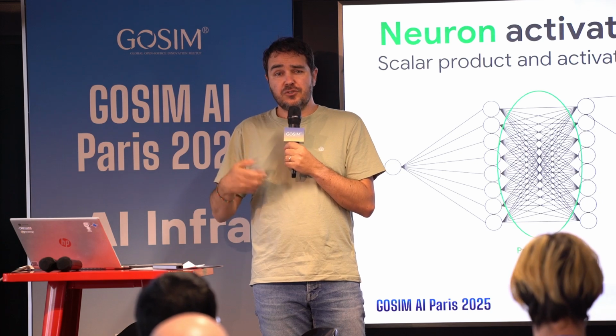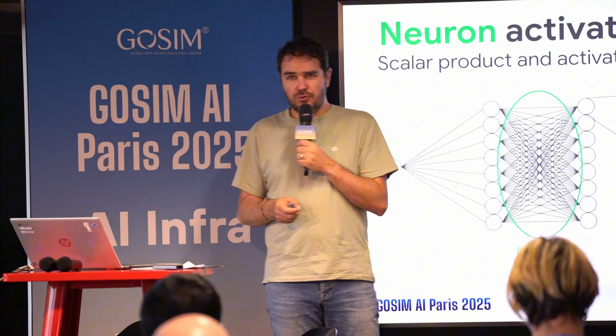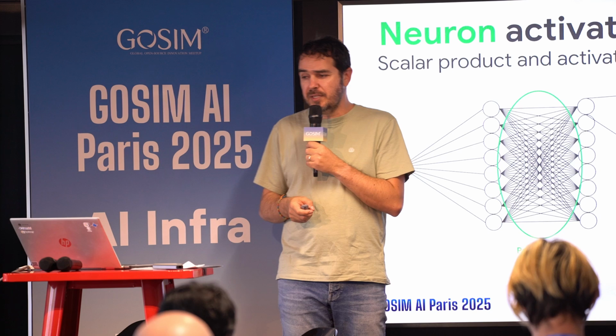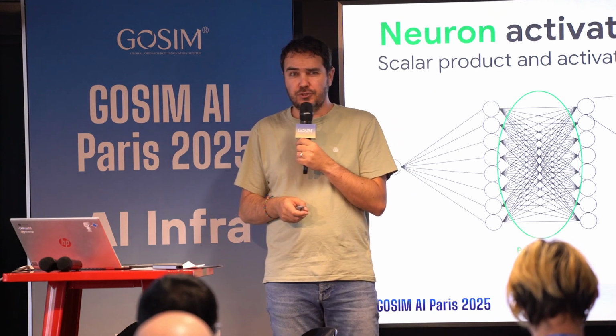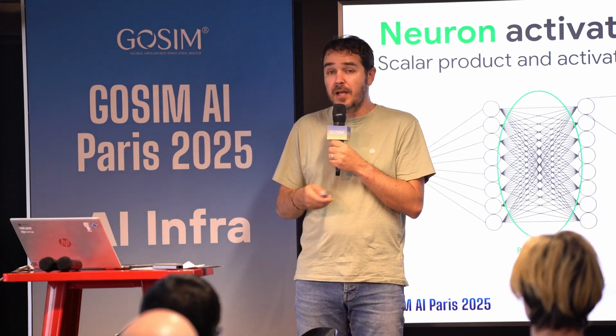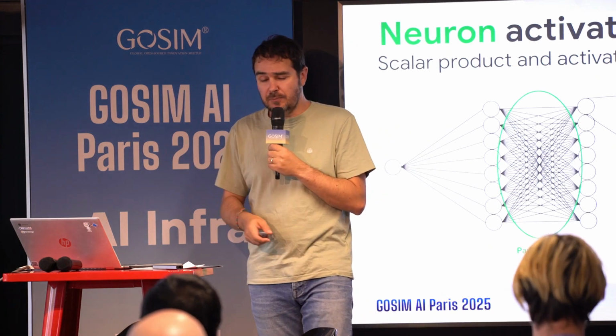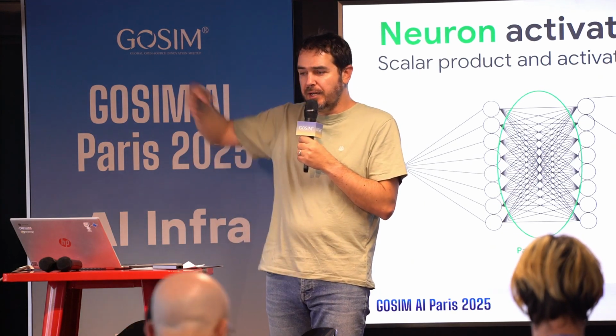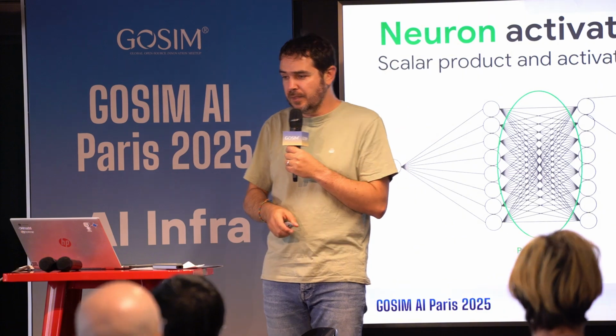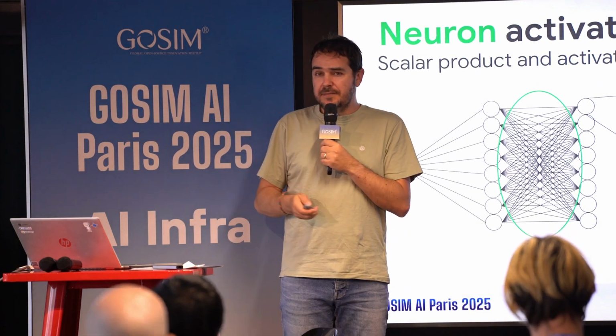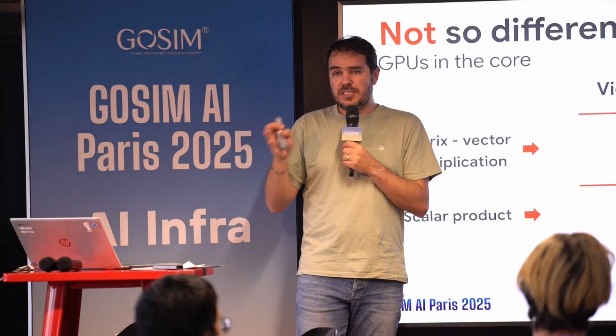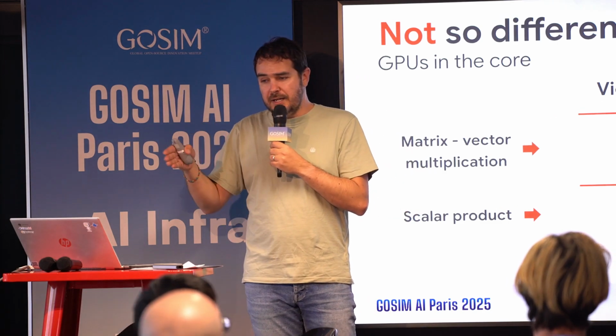For this value, you have an activation function in the neuron. Most of the time it is a ReLU function. The output of this function is the output of your neuron and the input of the next one. So, in fact, if I summarize here, you have a similarity between video games and LLMs.